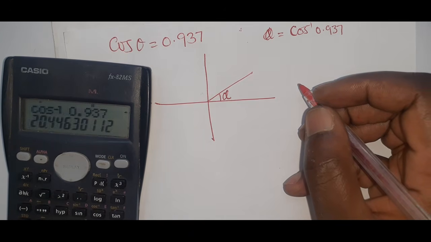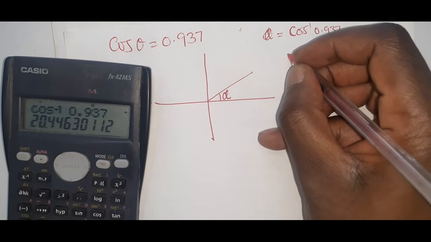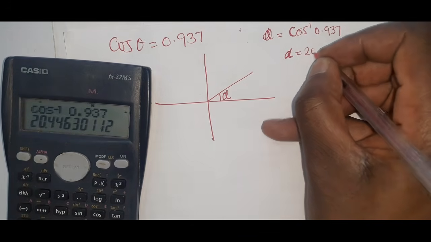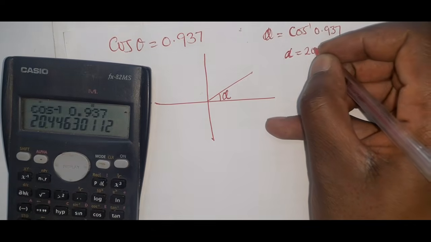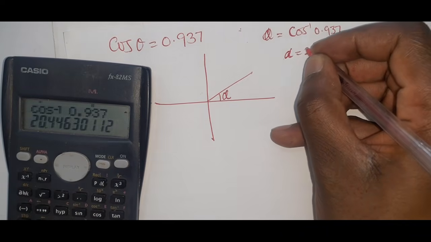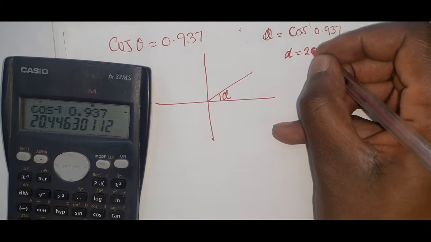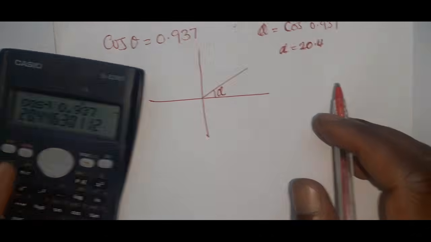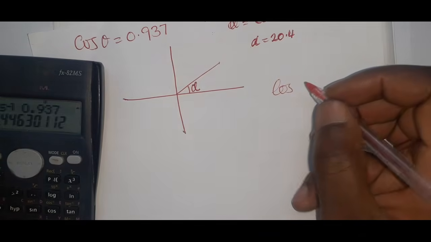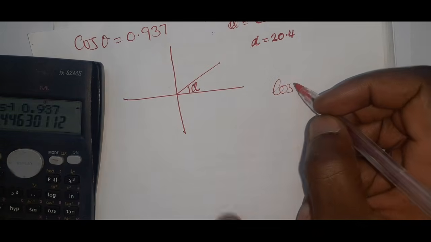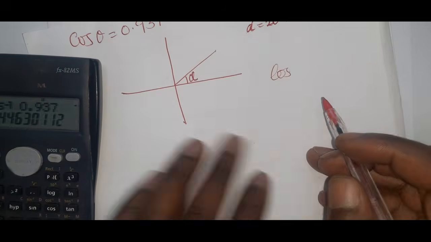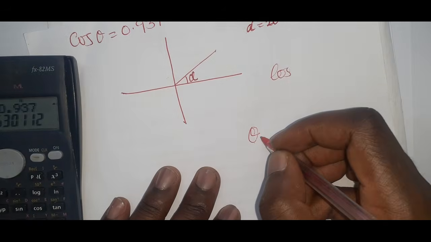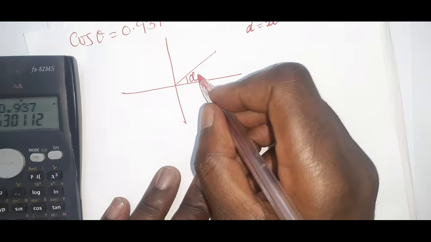What are we getting? We're getting that the value of alpha is 20.4. Now we look at cos. We are going to say, where is cos positive? That is where our theta is going to be. So cos is positive in the first quadrant.